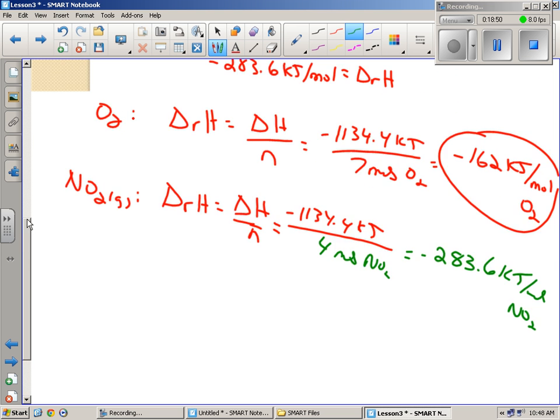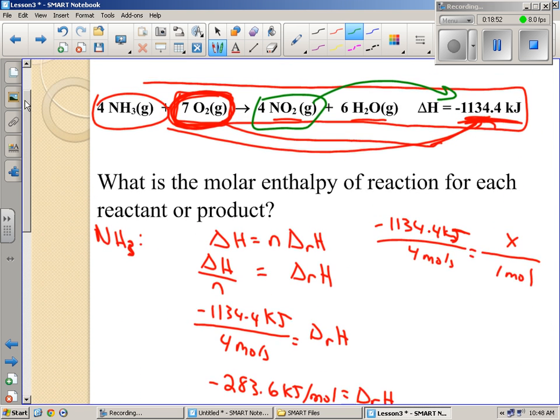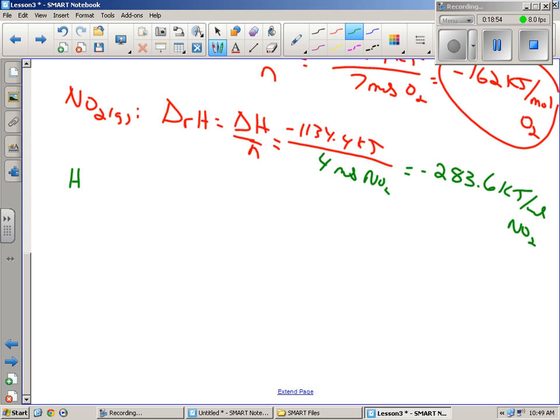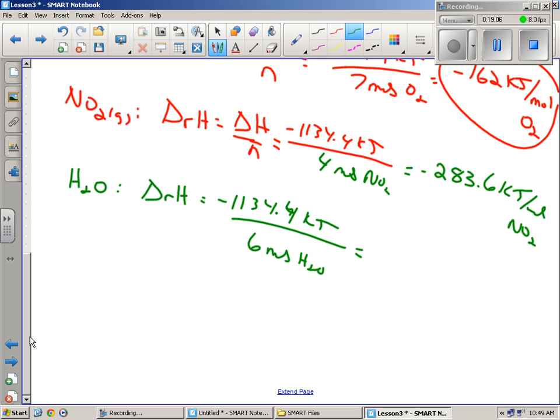And once again here, we got 6 waters. So for the water part here, I'd say once again, negative 1134.4 kilojoules for 6 moles of water. And I get about 189 kilojoules per mole of water.